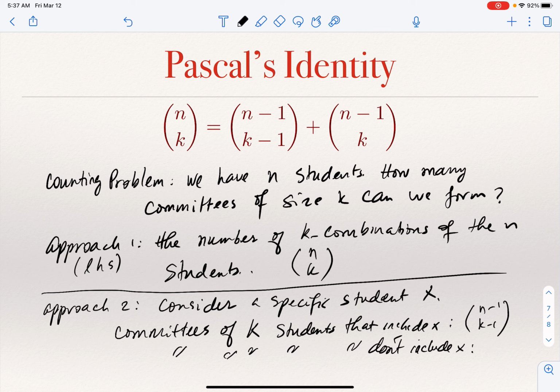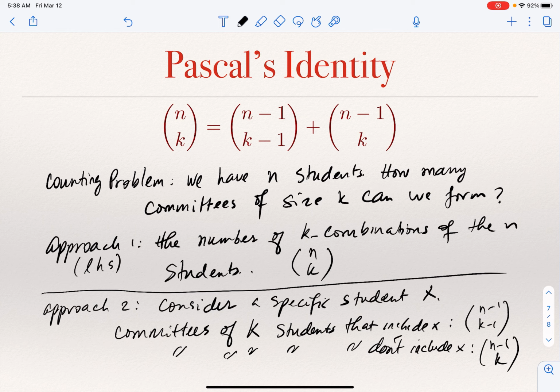So I'm left with the number of ways I can choose k minus 1 students from the remaining n minus 1. If I don't take X, then I have to choose k students for the committee from the remaining n minus 1, because X is not part of it.